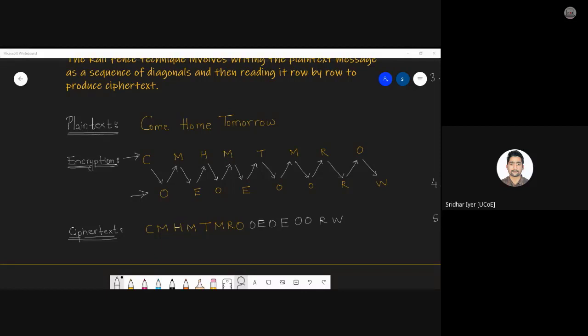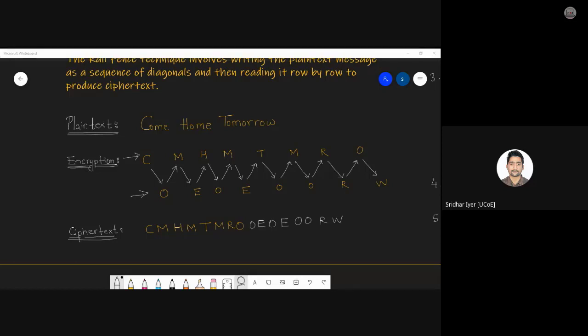Correct. One character extra in the first row, or we can say one character extra on the left-hand side. That is, if we have 17 characters instead of 16, we will have 9 characters in the first row and 8 characters in the bottom row. Am I clear? Correct, Rishabh, the upper row will have one more alphabet.